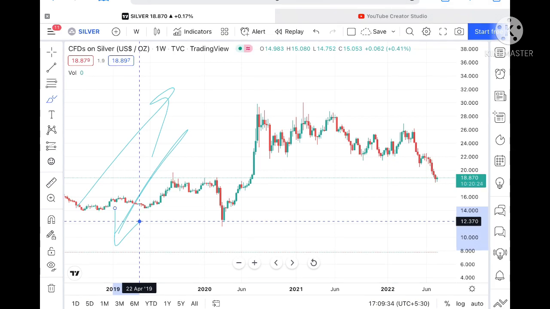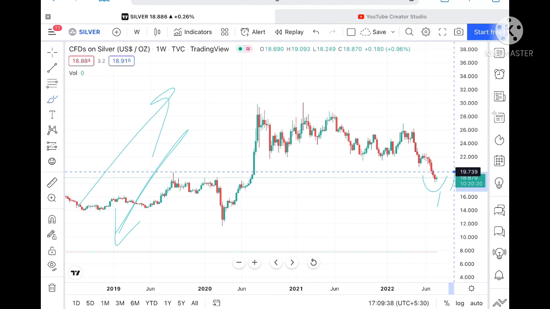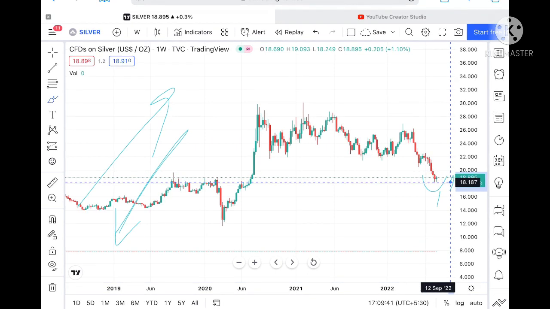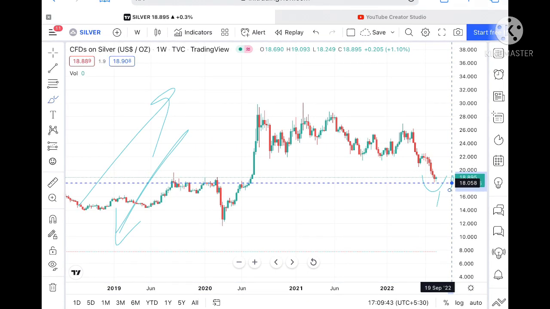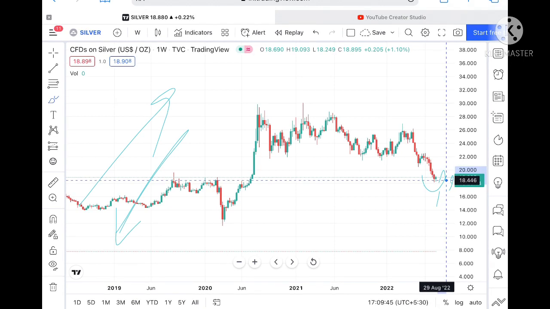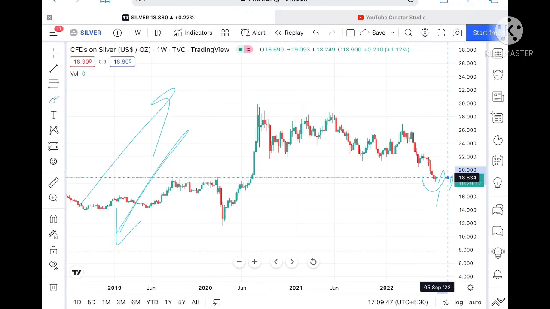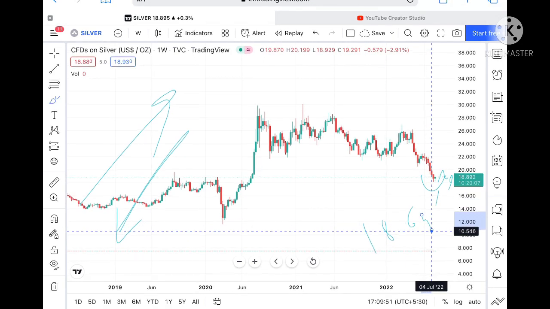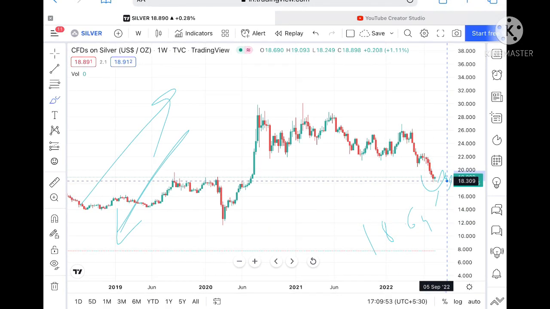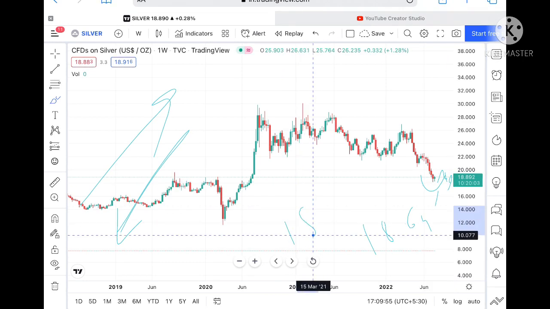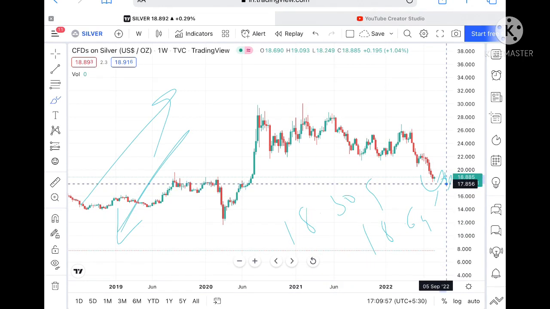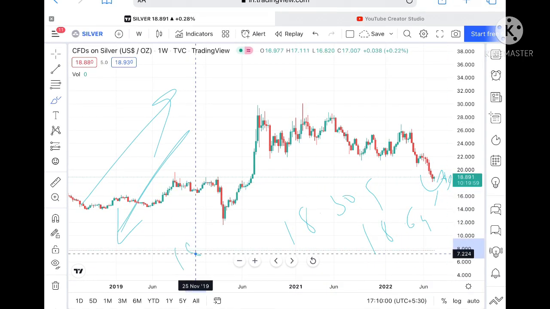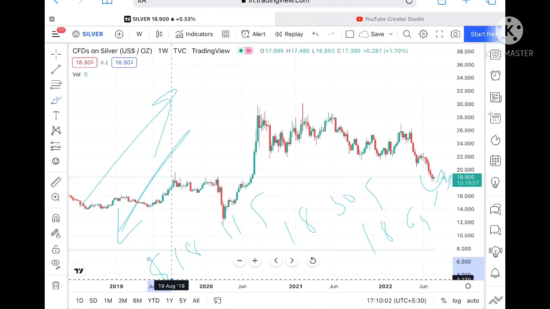Suppose this particular level doesn't sustain. We have seen a swing at this level, a bottom forming at around 18.058. If this level doesn't sustain, we can see it come down again to a level of 18.640, and from there touch a level of 18.309. Once the price goes below 18.309, it can touch $18.115.